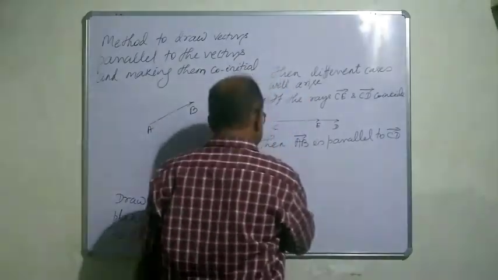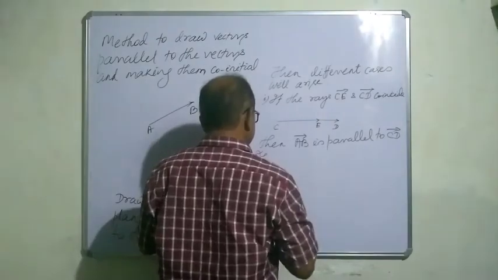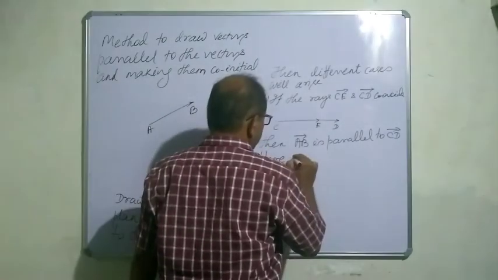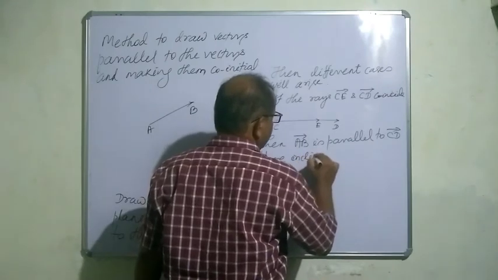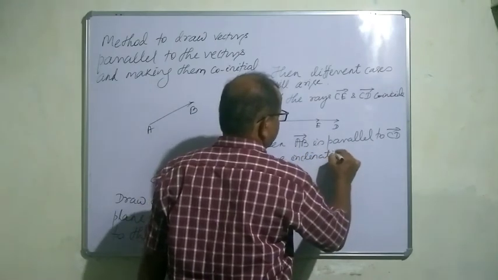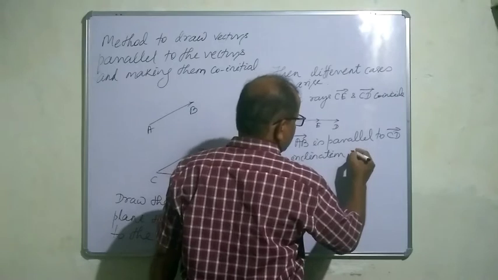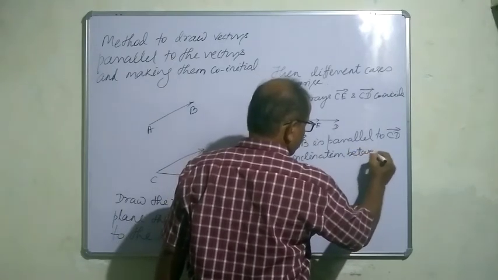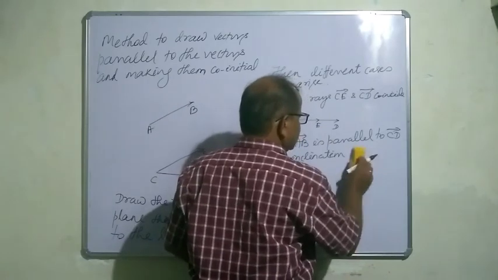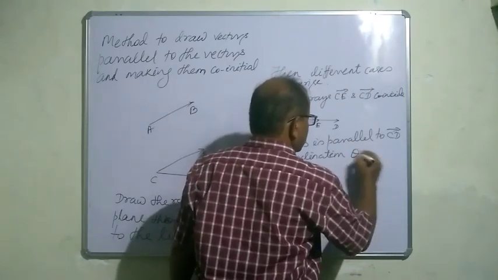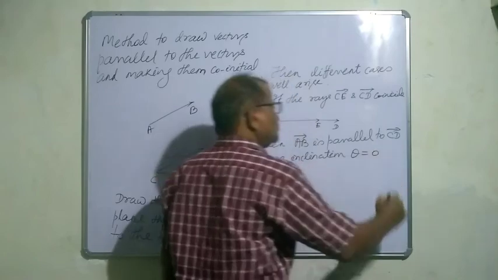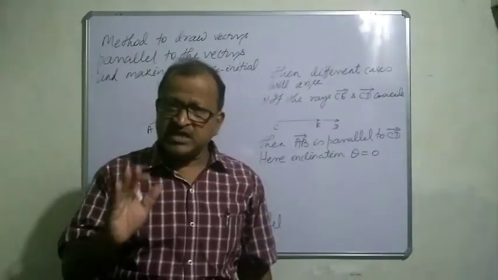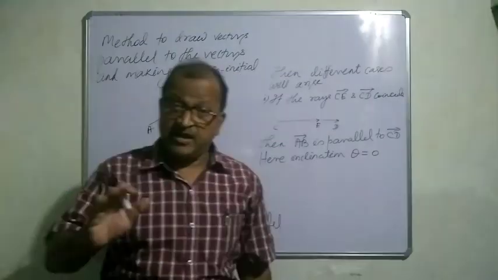Okay, in this case, the inclination between AB, theta, let us write simply, theta is equal to 0. Yes, I have told you we will take inclination in radian.